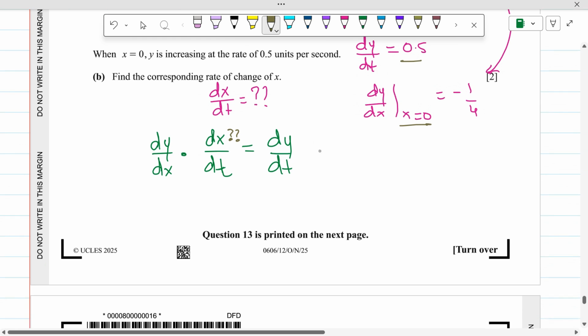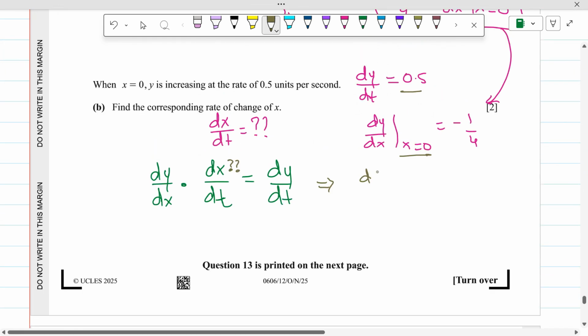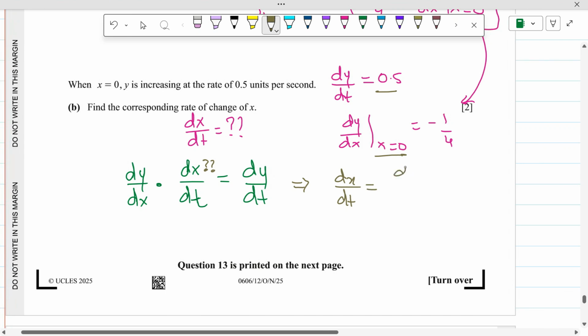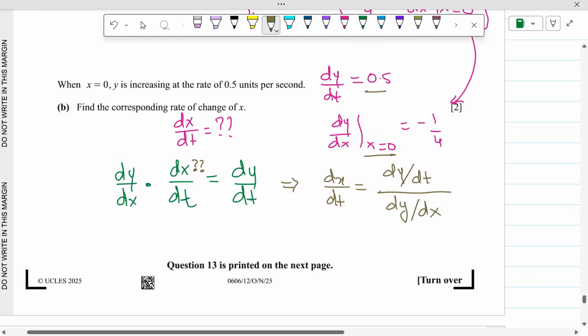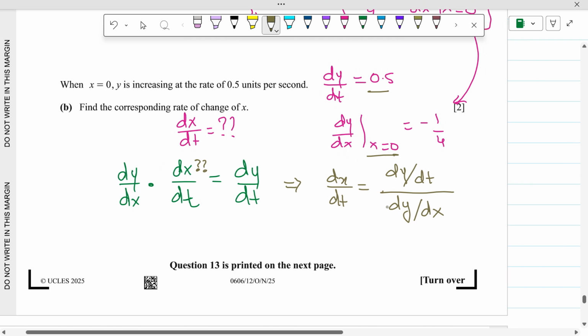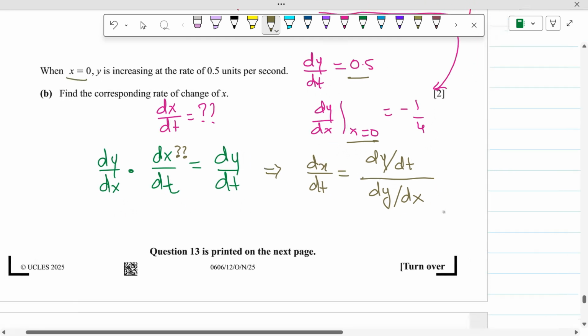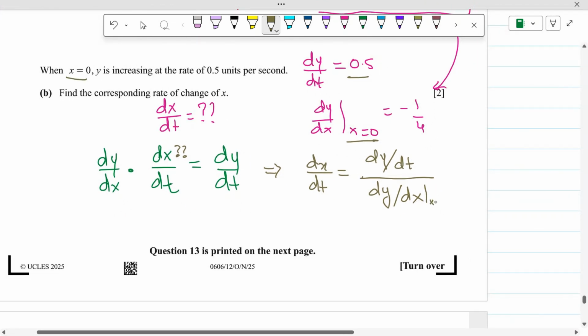So by rearranging, we will have dx over dt is equal to dy over dt over dy over dx, because this one is multiplied, so when we move it to the right side it will be divided, and it is given that it should be at x equal to 0.